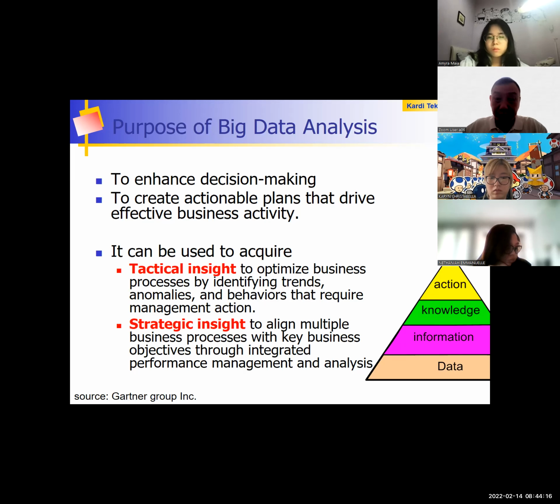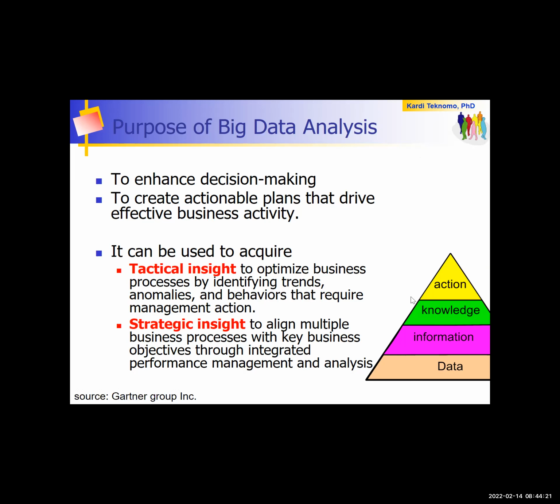So in this case, there are two kinds of insight that you want to get from here. Okay? You see here, from the data, you can extract certain information, right? From the information, you can get some knowledge. Right? From the knowledge, you implement this into action. So there you have two parts.